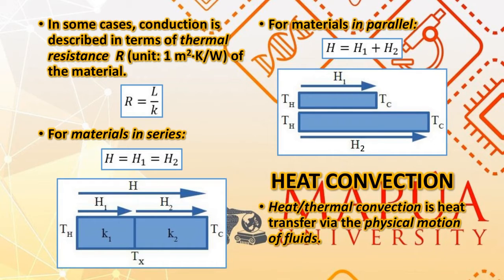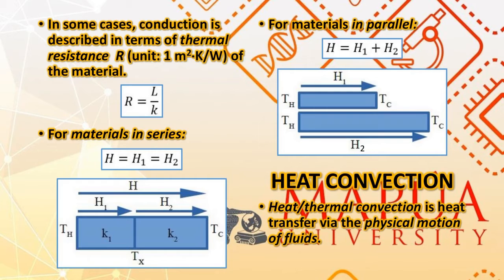We can have materials in series or materials in parallel. For materials in series, we layer the materials one after the other. You have material 1, K1, and material 2, K2, layered as shown. K1, and then after K1, we have K2.